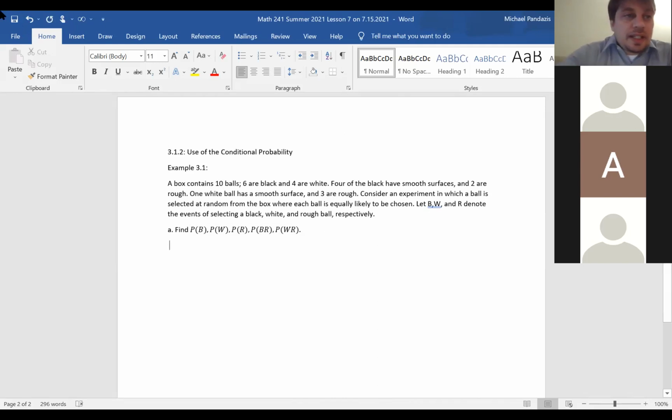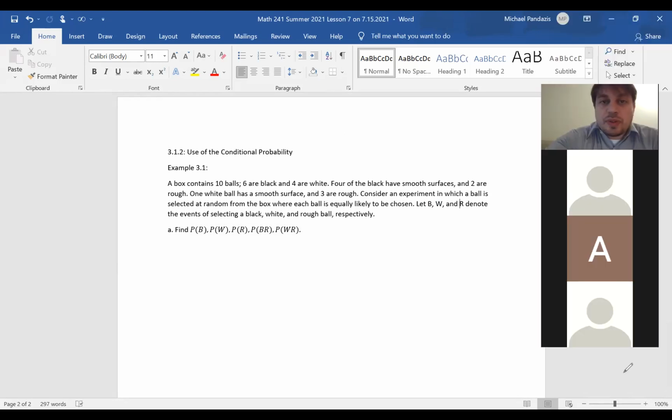I'll read it again. A box has 10 balls, 6 are black, 4 are white. 4 of the black have smooth surfaces, 2 are rough. 1 white ball has a smooth surface, 3 are rough. Each ball is equally likely to be chosen, and these are the letters representing the events of choosing a black, white, and rough ball, respectively: B, W, and R. What I'm going to do is show you this situation on the whiteboard.